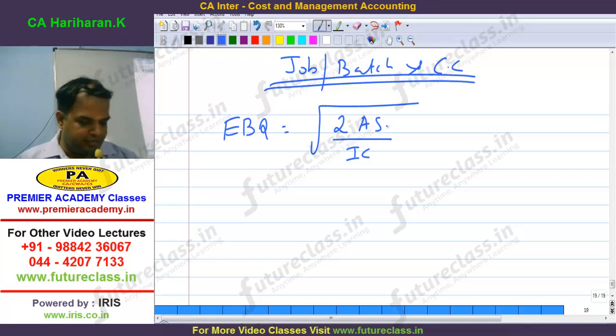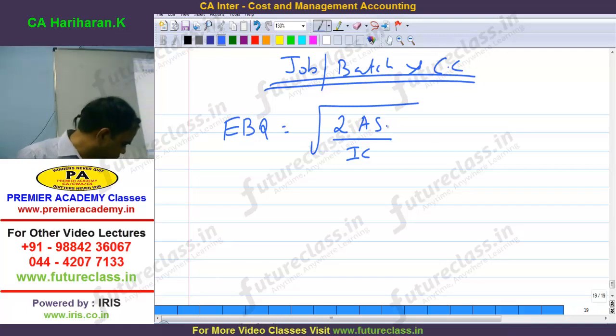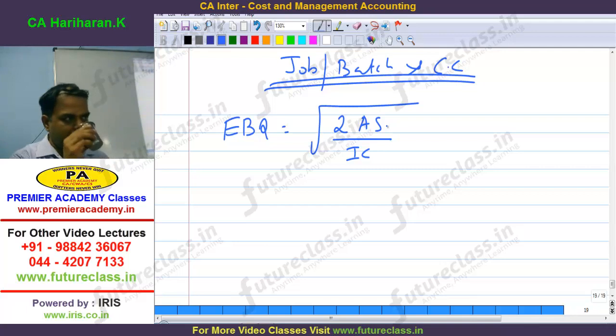Page number 29. Annual demand for a component 5000, unit setup cost per batch rupees 75, annual rate of interest 15%, cost of production per unit rupees 80. Calculate economic batch quantity.